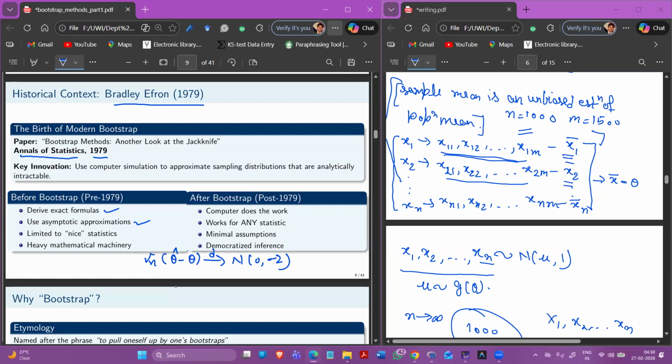Another point was the limit to nice statistics. It means that we had results only for the mean, linear statistics or MLE; we couldn't find the other things at that time. Another was heavy mathematical machinery.